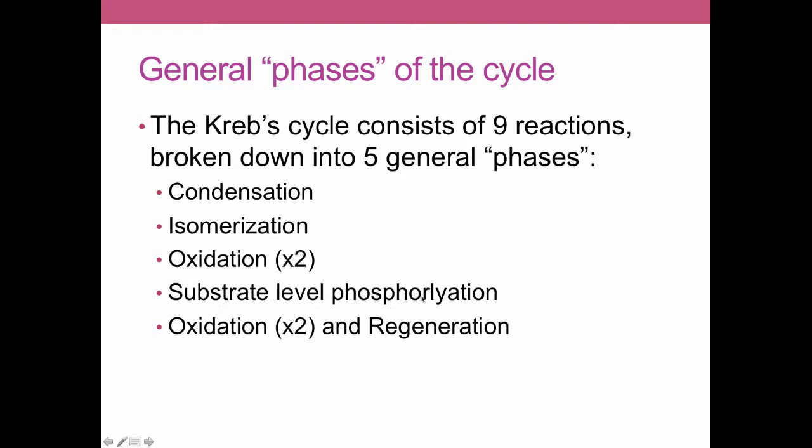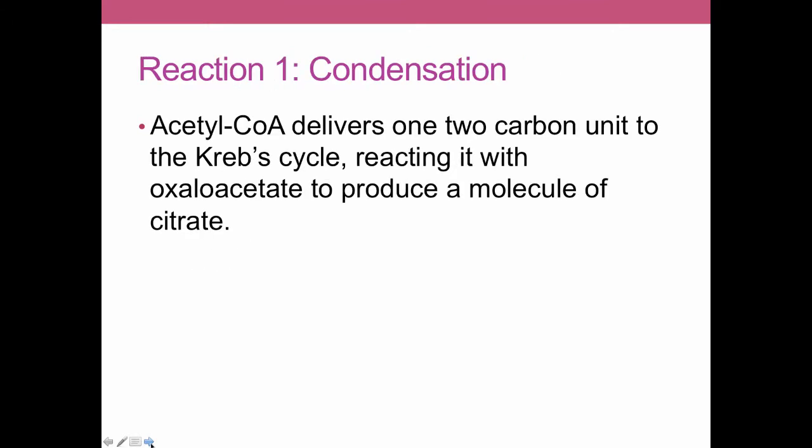There's an episode of substrate-level phosphorylation. So again, remember we talked about substrate is in an enzyme. So substrate-level phosphorylation is phosphorylation happening in an enzyme. And then oxidation, again, happening twice, and regeneration of that initial starting 4-carbon compound.